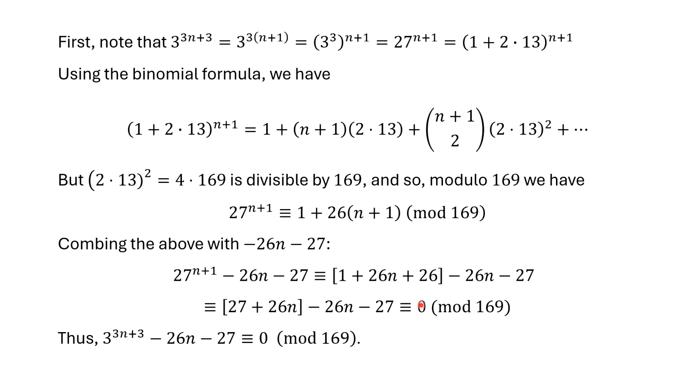So everything cancels out. So this here is congruent to 0 mod 169. In other words, if we plug back in our original 3 to the 3n plus 3, this expression is congruent to 0 mod 169. In other words, 169 divides exactly this expression here, which is what we wanted to prove.